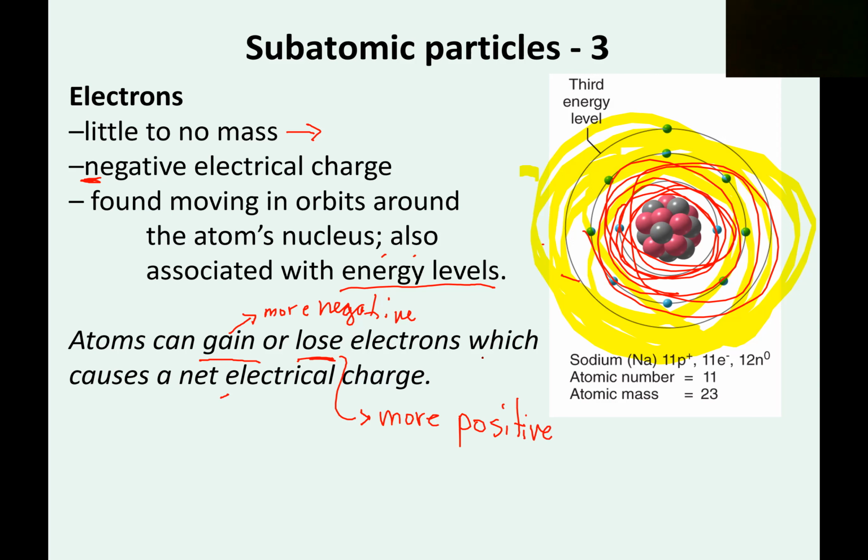So if you lose negative electrons, it makes you more positive. If you gain one electron, it means you have a negative charge. If you gain two, you would have a 2 negative charge. So if you lose 3 electrons, you're going to have a 3+ charge.